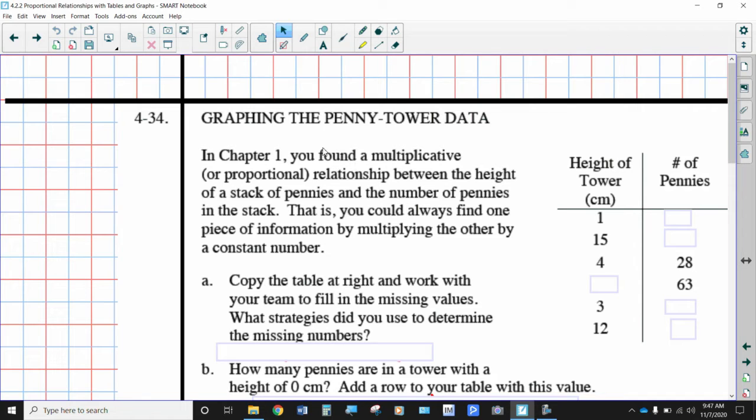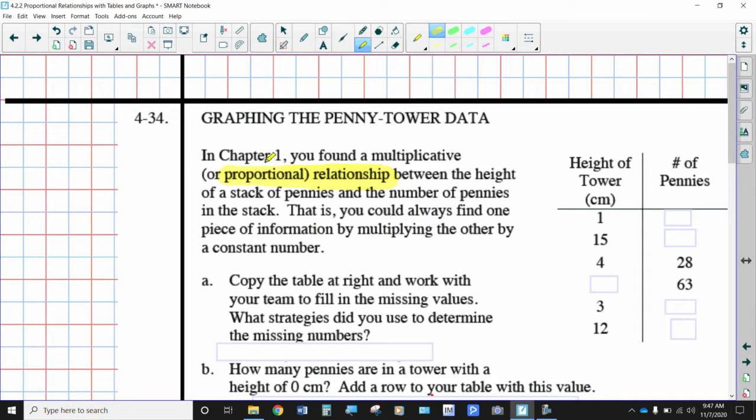Then we used that piece of information to figure out how many pennies would be in 2 centimeters, or 3, or 5, or 10, or 20, or 100, or 1,000. Then we worked in reverse to figure out how tall a million pennies would be. You may or may not have thought about it at the time, but that was an example of a proportional relationship. So let's just read this.